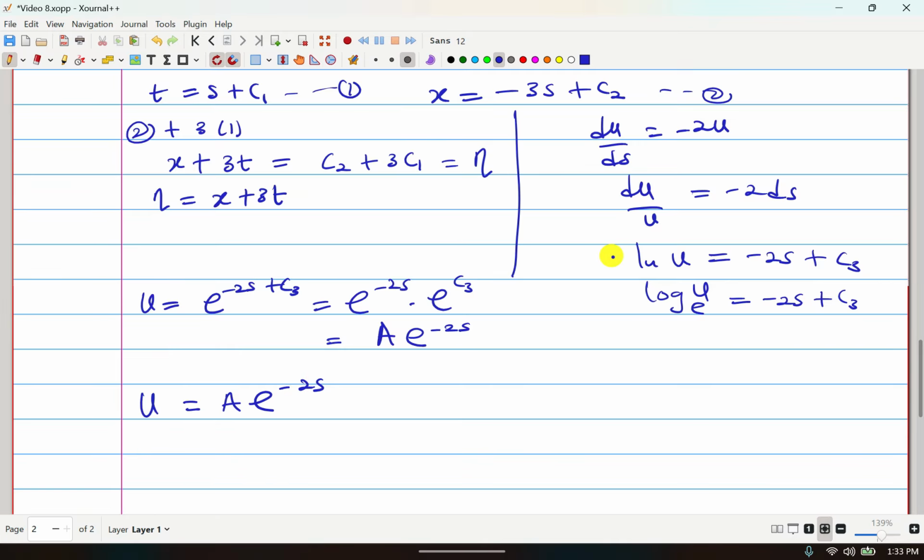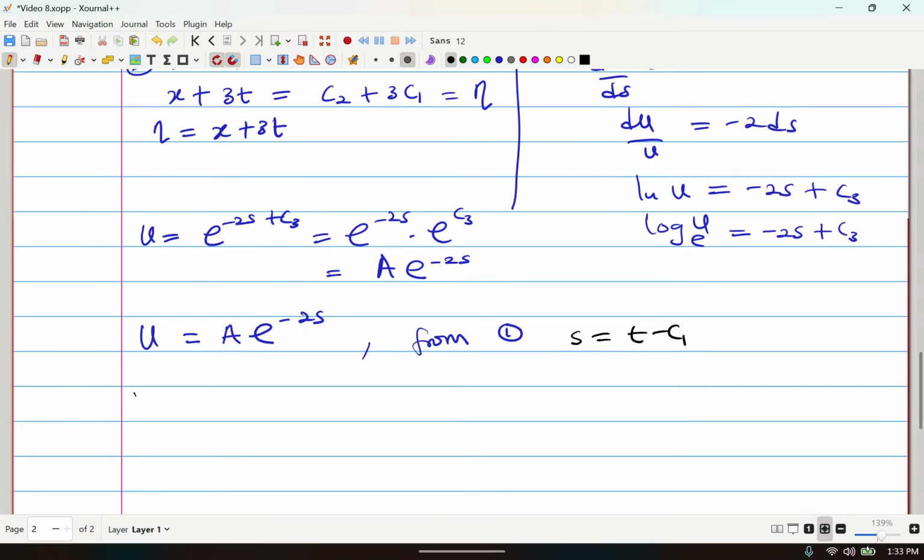Now what do we do? We want to eliminate this s from u before we can introduce the constant function. But from equation 1, which is right here on the top, what can we say? We can say that s is equal to t minus c1.